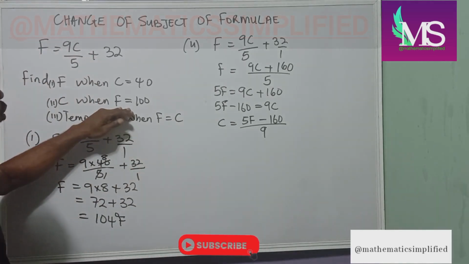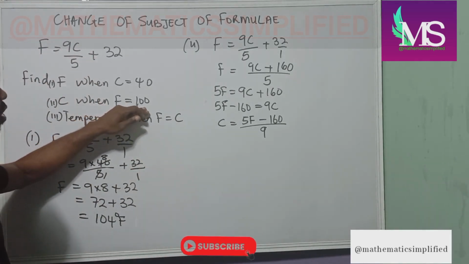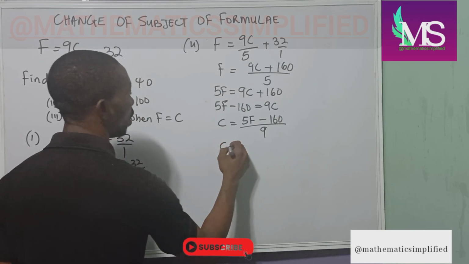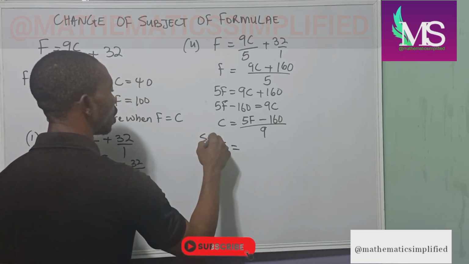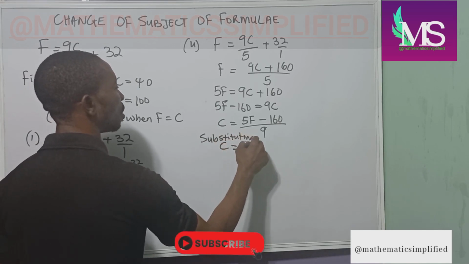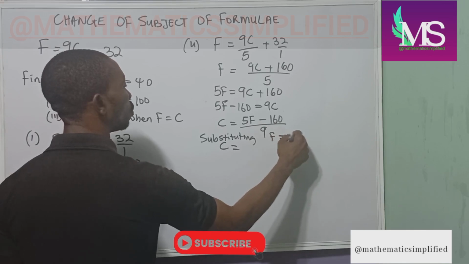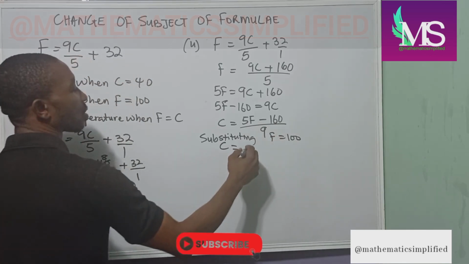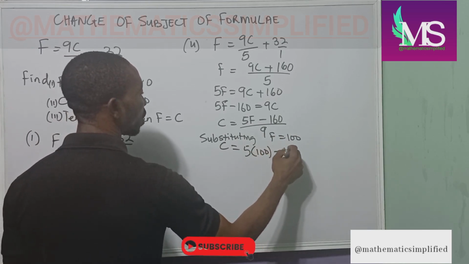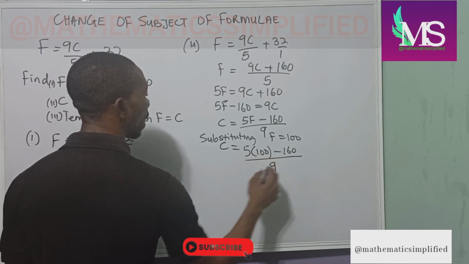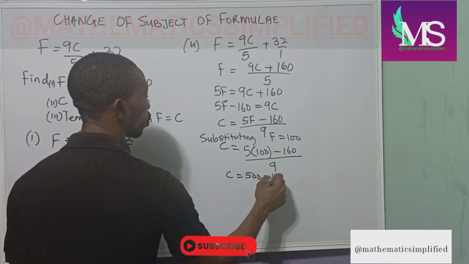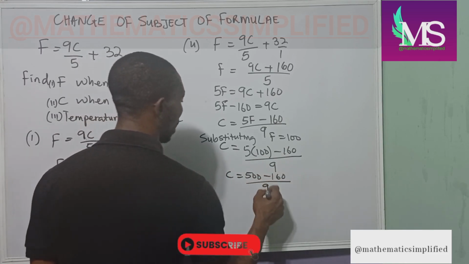Now we can substitute for F. F is 100. Now in this place, we put 100. So C equals, now substituting F equals 100, we have C equals 5 bracket 100 minus 160 all over 9. Now 5 times 100 will give us 500 minus 160 divided by 9.